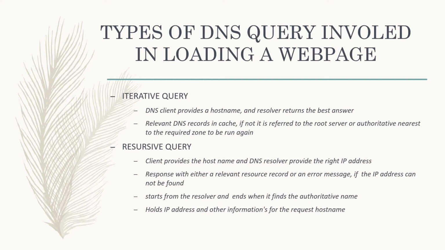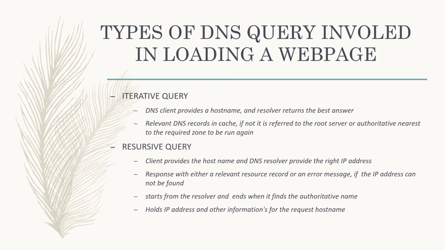With that, the DNS client provides a host name and the resolver returns the best answer, the relevant DNS record. The relevant DNS is recorded in cache, and if not, it is referred to the root server or authoritative nearest zone to the required zone to be run again.